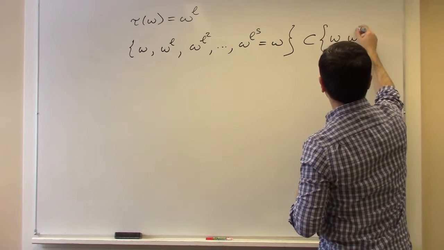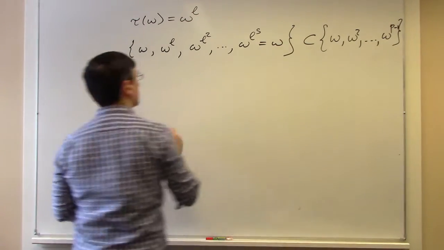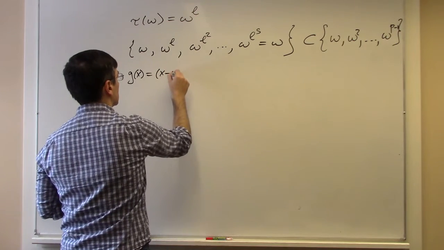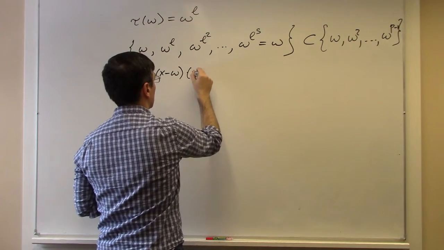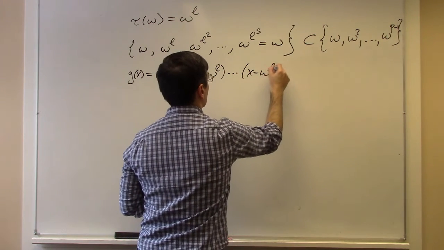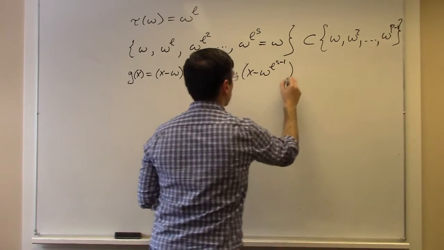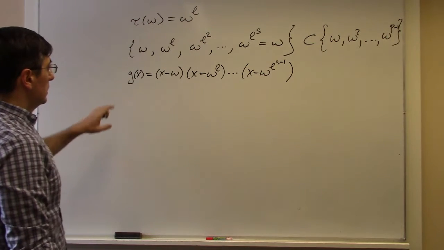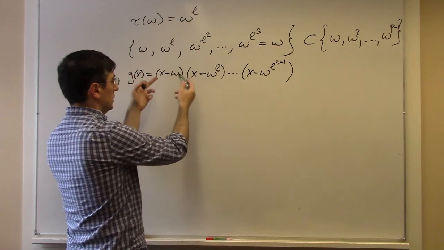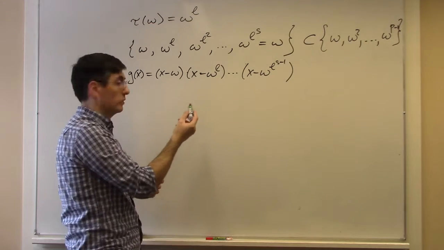All right. So this is part of this set. Now if I form this polynomial g(x), it is (x - omega^L)(x - omega^(L^2)) ... up to omega^(L^(s-1)). What can I say about the coefficients of this polynomial?